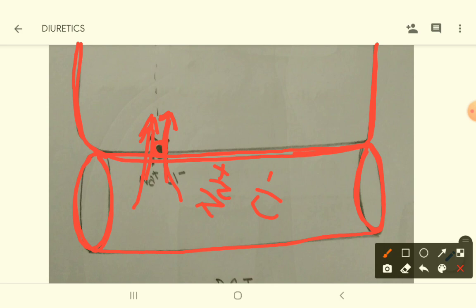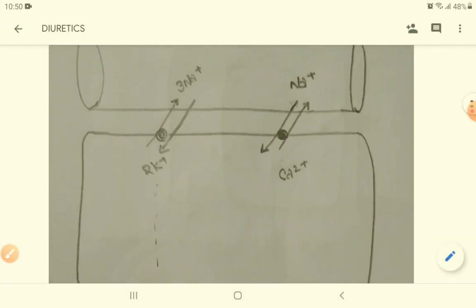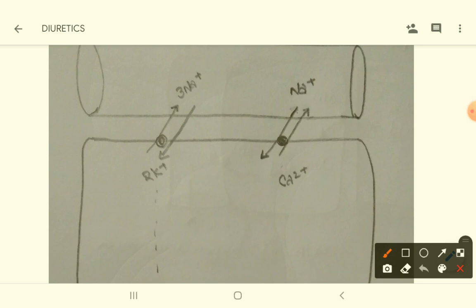So this is your transporter, sodium and chloride transport into the epithelial cell, and then from here sodium will ultimately be reabsorbed into the bloodstream.